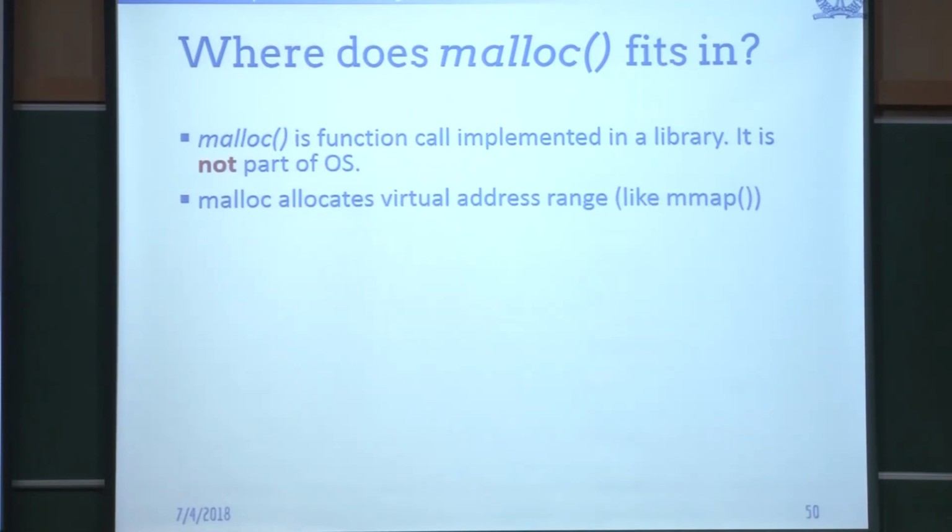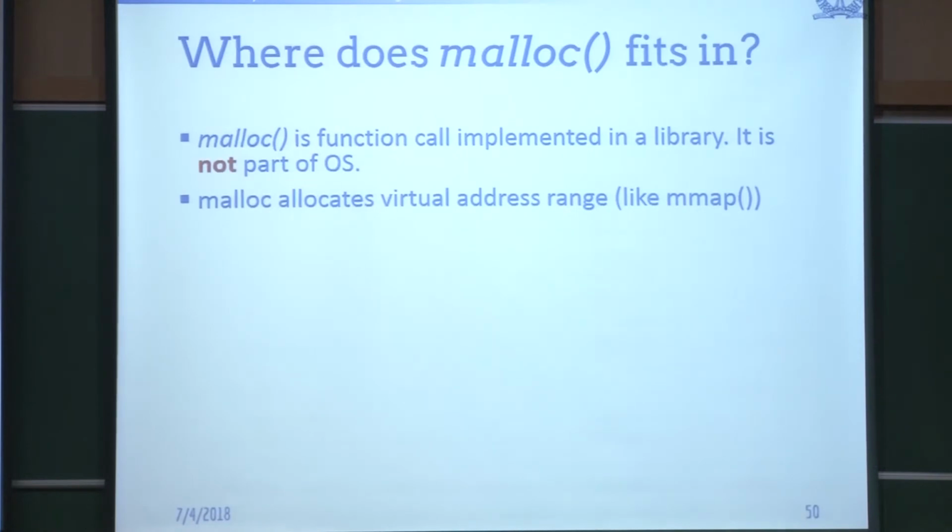What is malloc? Malloc is like mmap, by which I mean it is trying to give you back virtual addresses, nothing more. But we also see why you want to have the ability to do malloc.